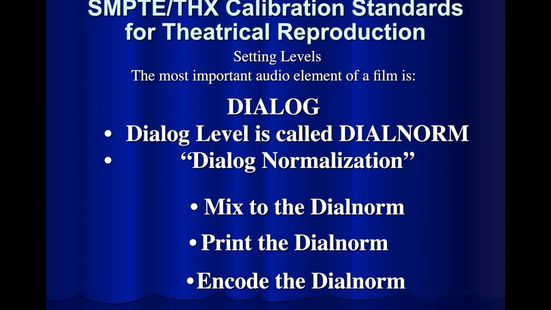So the consumer, when they click on that, they're going to turn it up. Well, when they click on something else, it's going to be too loud. So you can say, I'd like to bring this up 3 dB. That way, when the consumer clicks on that, it's going to match the level of all my other AC3 files. So it's kind of an automatic gain control for the consumer when you encode the dial norm.